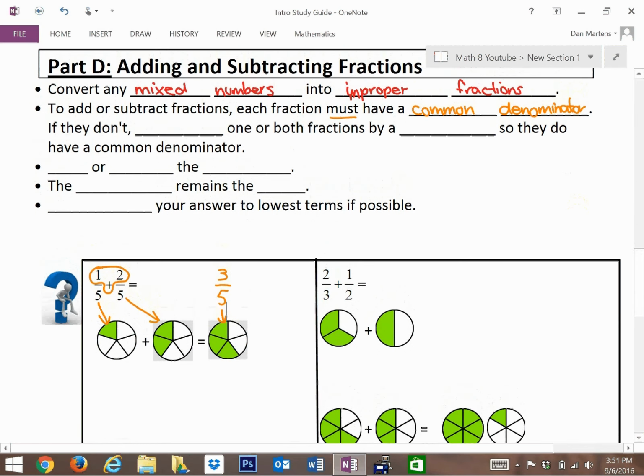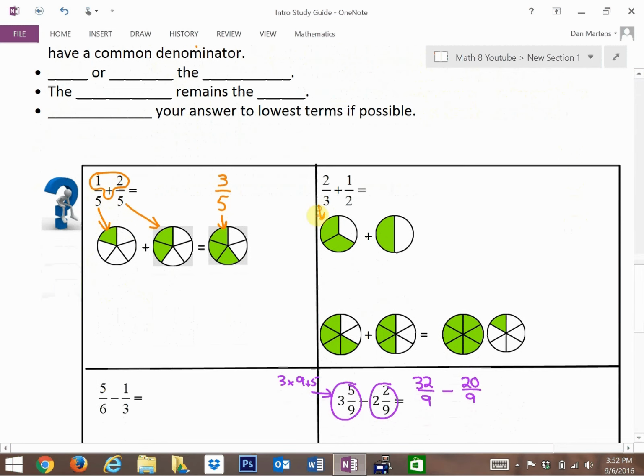If they don't have a common denominator, what you're going to do is multiply one or both fractions by a constant. So if you look at this next example, we have 2/3 plus 1/2. Now we can't add those because each piece is a different size. This is thirds and this is halves, which you can't add.